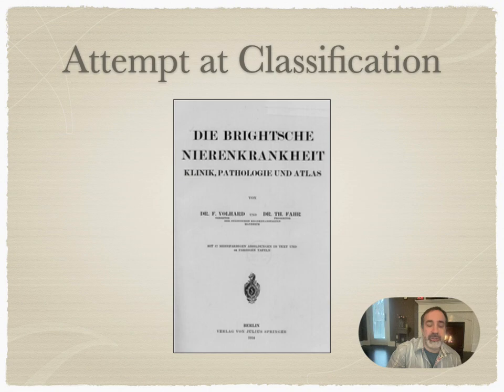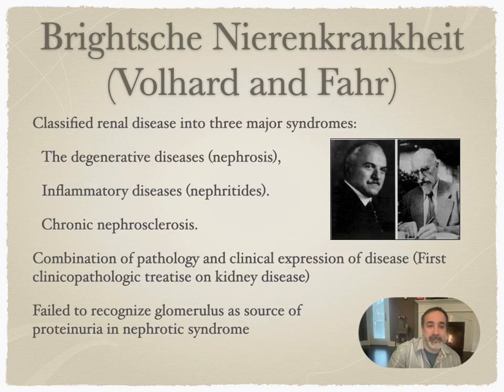But all was not sad. By 1914, the next stride befitting of his legacy was about to be made, when Volhard and Fahr published the very first textbook classification of renal diseases, Die Brightsche Nierenkrankheit, in 1914.